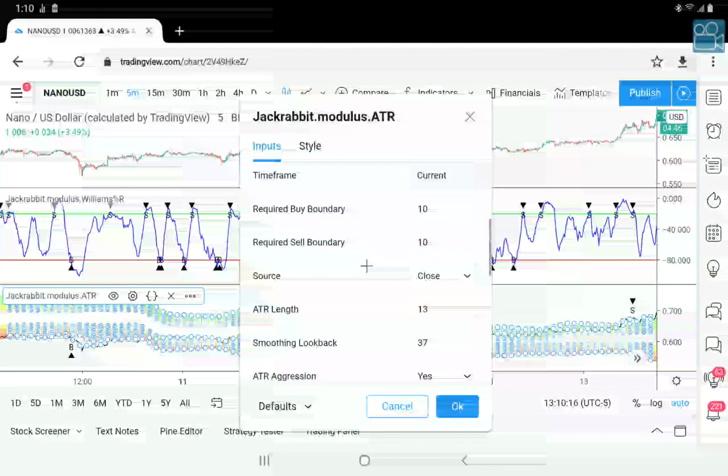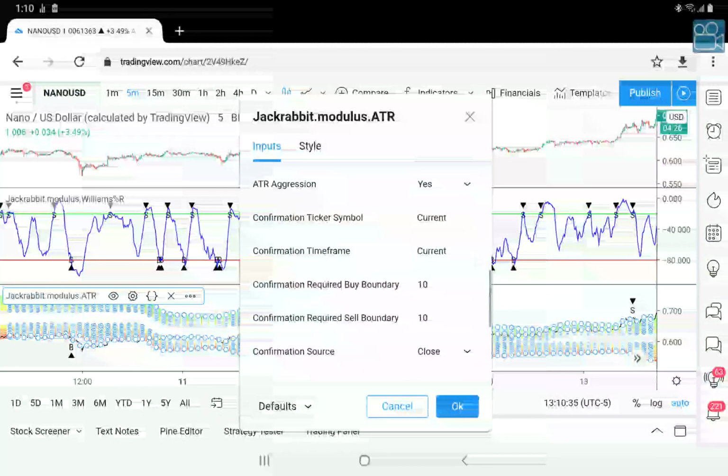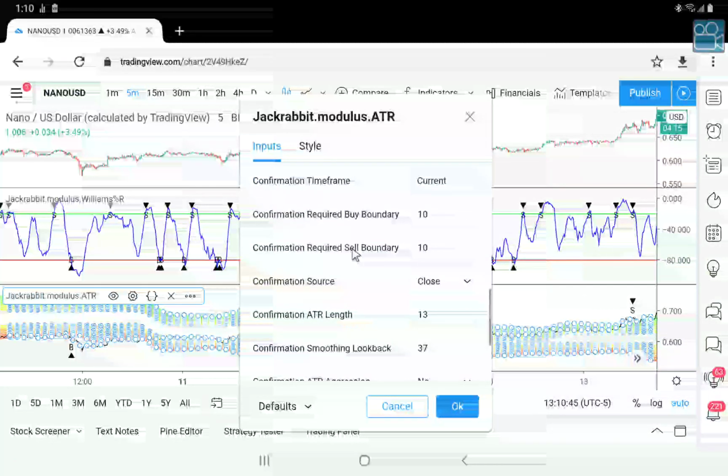What I did change is the ATR aggression mode. This has to be on. And see everything nice and tight.